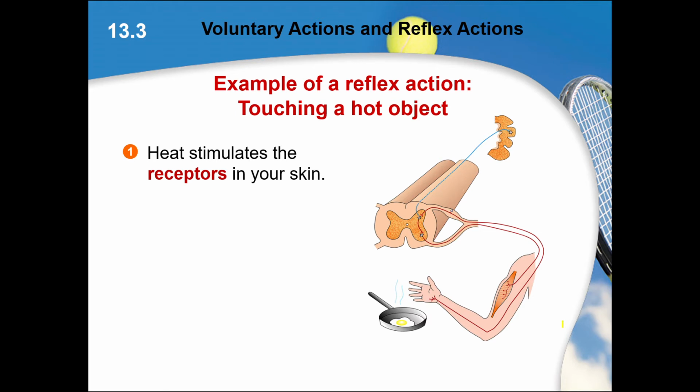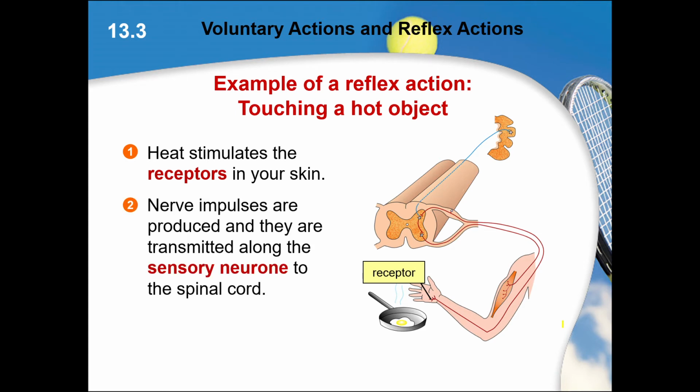The first step: when your fingers come into contact with a hot frying pan or hot kettle, the heat stimulates the thermoreceptors in your skin. The thermoreceptors in your skin are known as the receptor in this case. Nerve impulses are produced and they are transmitted along the sensory neuron towards the central nervous system, in this case the spinal cord.